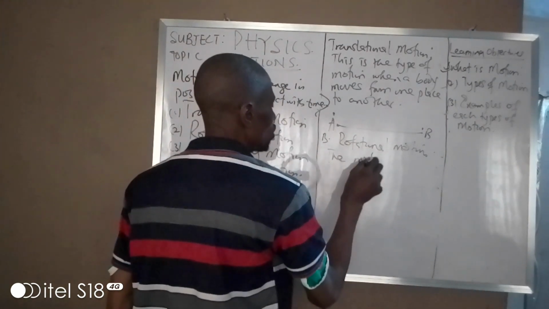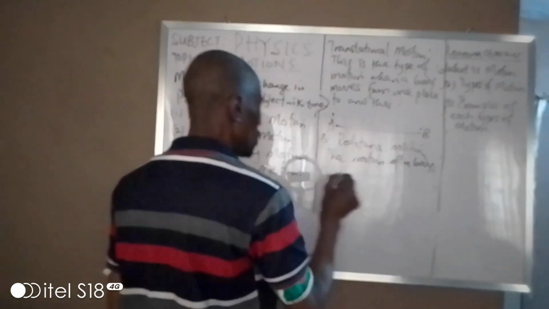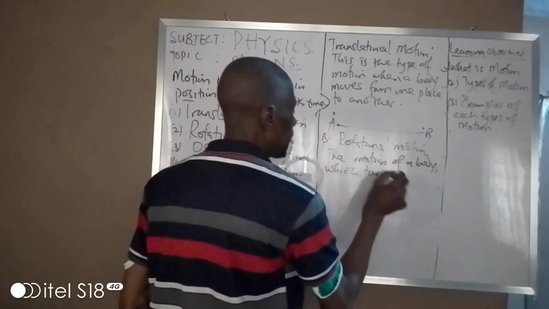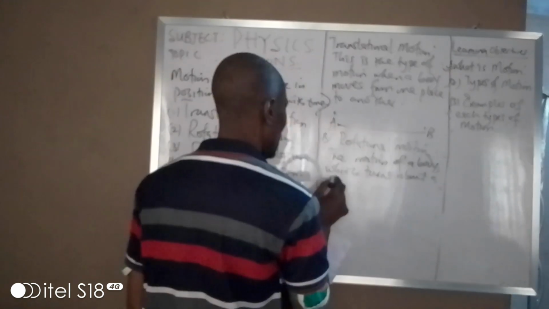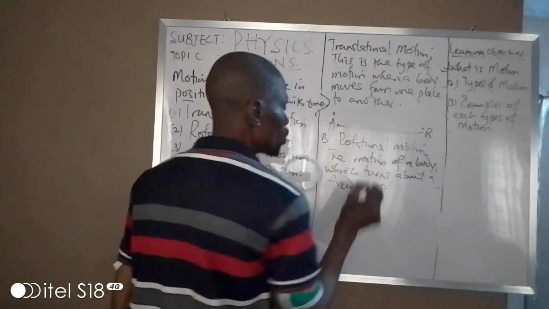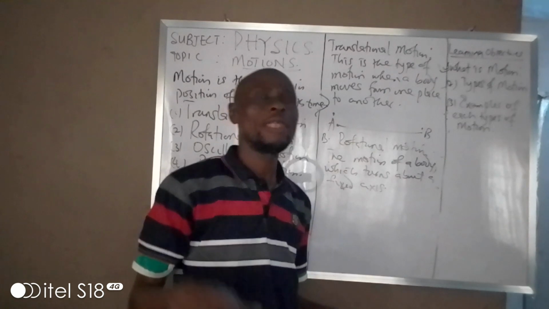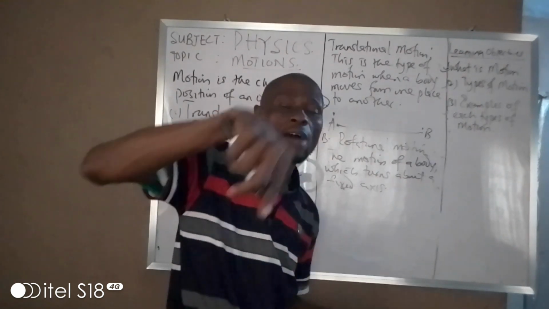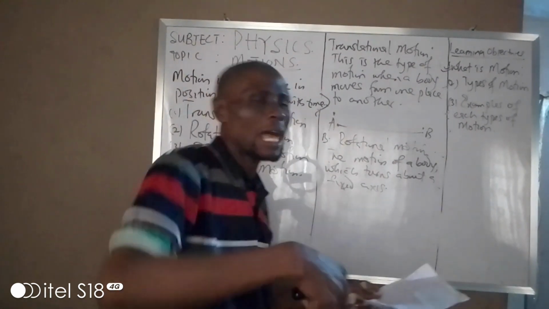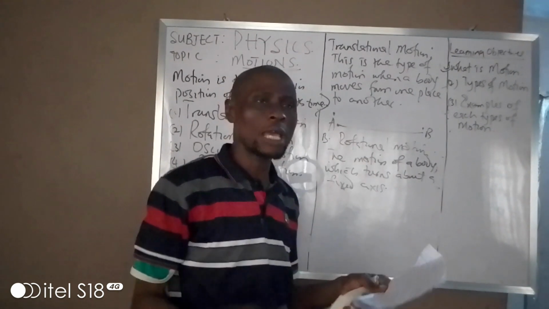Put it down: the motion of a body which turns about a fixed axis is called rotational motion. For example, the rotation of Earth along its axis is called rotational motion.